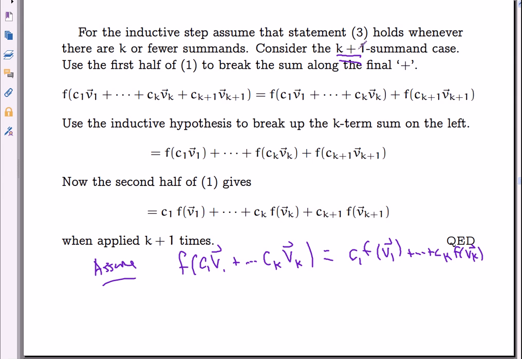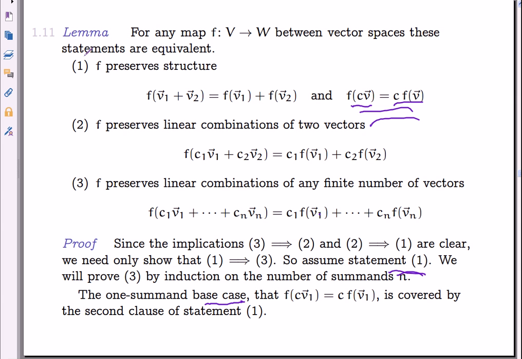To establish the k plus 1 case, let me write down the left-hand side for k plus 1, and I'll see if I can obtain the right-hand side for k plus 1. Okay, so here's the left-hand side for k plus 1. At this point, I want to use my assumption that 1 is true.